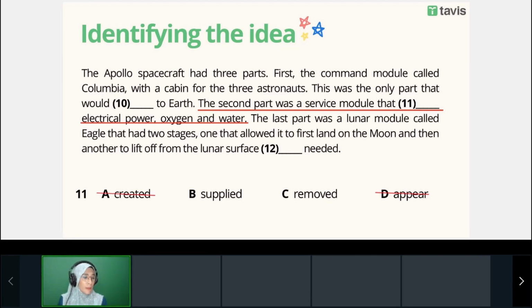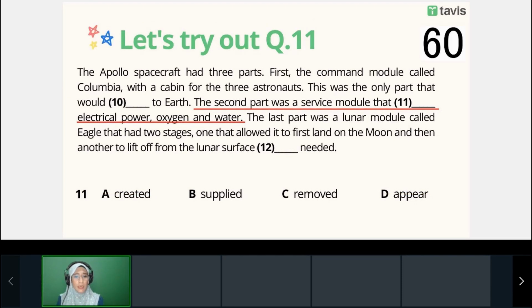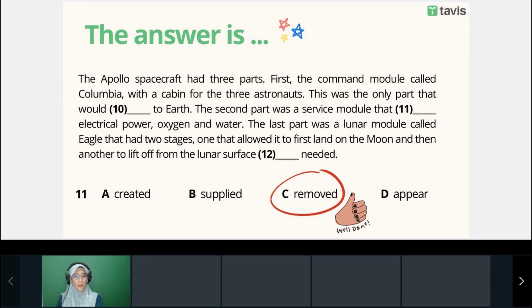Oxygen, yes, you need, but when it comes to electrical power and water, I don't think so, because it's going to carry extra weight on that spacecraft. So I would say the answer would be C. It's remove, because you don't want to carry too much weight when you are in space.